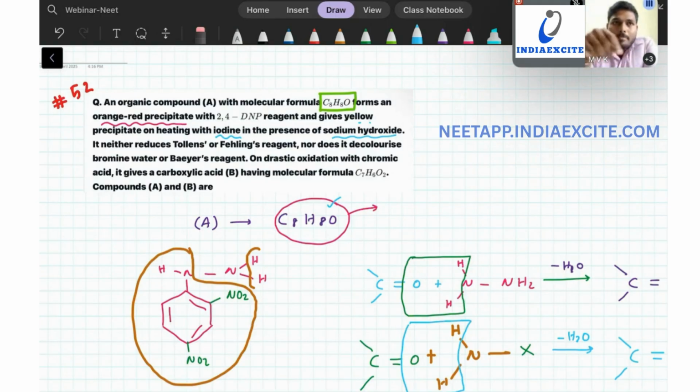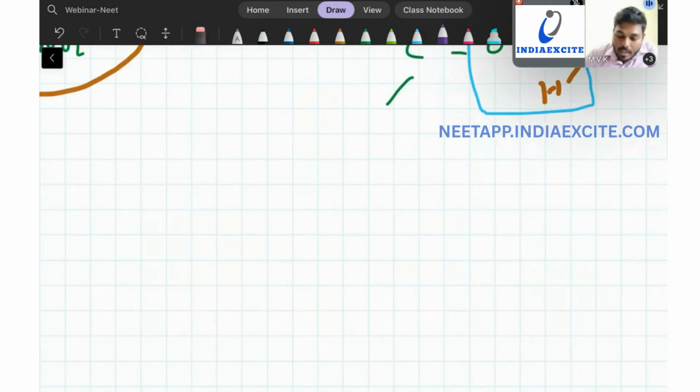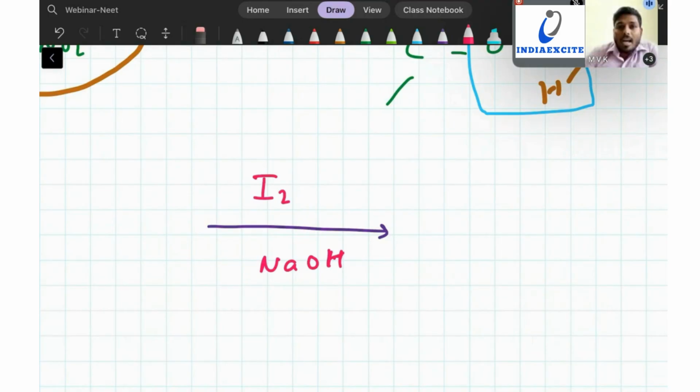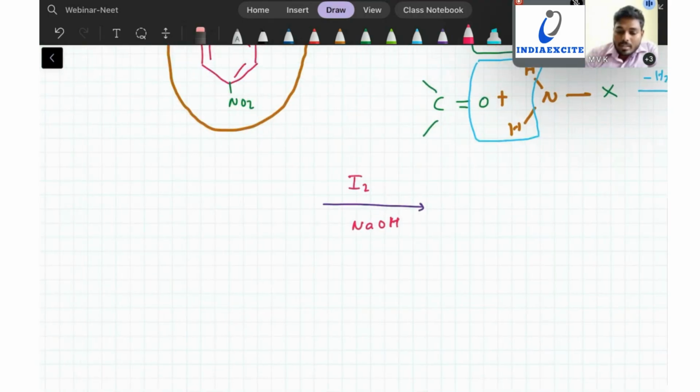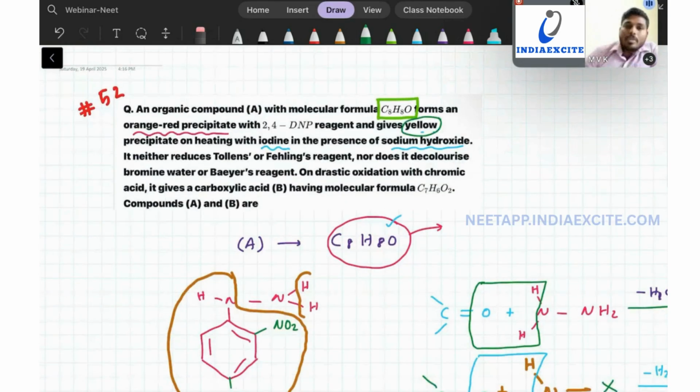You might have practiced writing it like I2 NaOH, but all of a sudden you are seeing it in textual form, and your brain struggles to identify it, yes or no. To remove that bias, just write it in equation form. That is what I usually suggest. So we have I2 and NaOH, which is nothing but the haloform reaction. Now we know that, right? If they are giving a yellow precipitate, it means there is formation of iodoform.